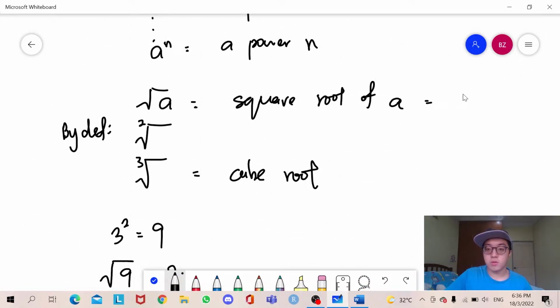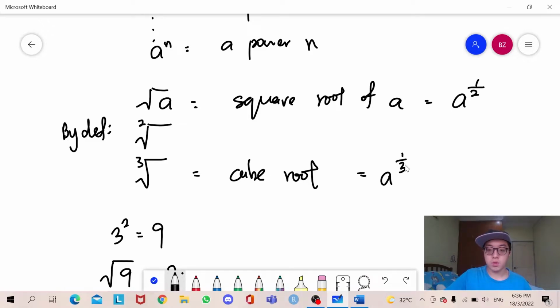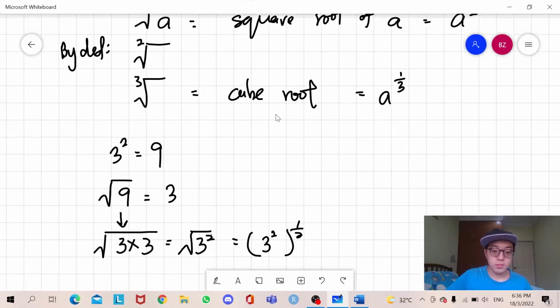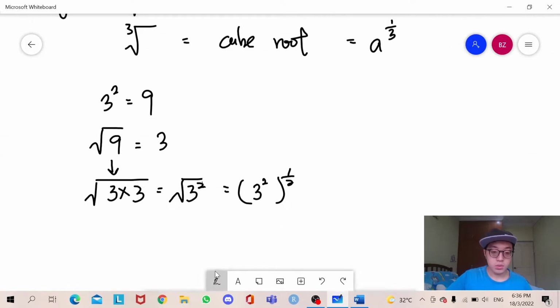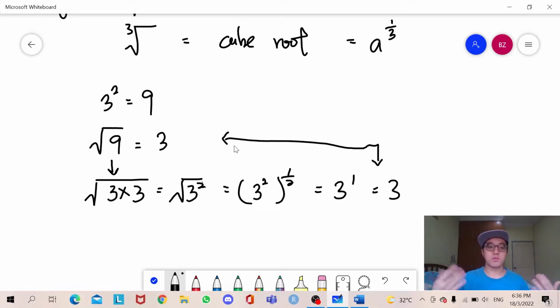It's equivalent to a to the power of 1 over 2, and cube root is equal to a to the power of 1 over 3 as well. So we just do simple: it equals 3 to the power 1, which gives you 3, and it goes back to the answer. So this is how it works for a square root, and of course the same as a cube root.